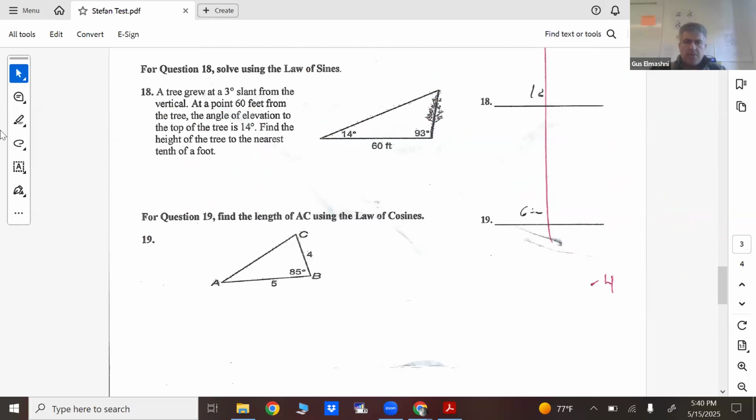So it's slanted, so probably, oh, lost signs.